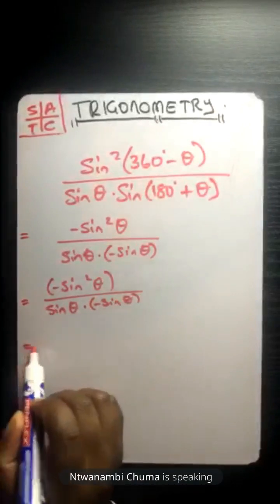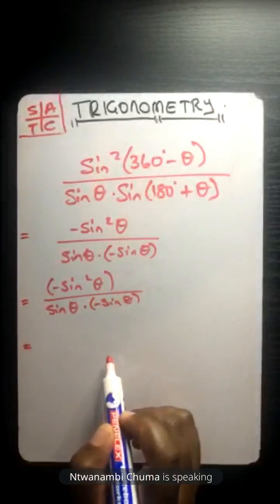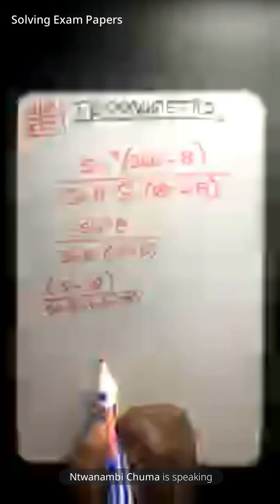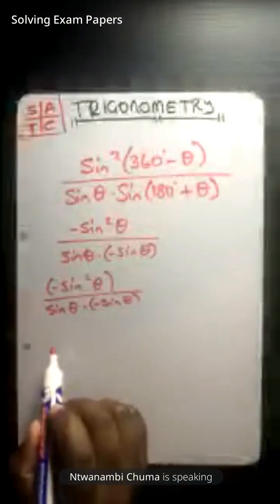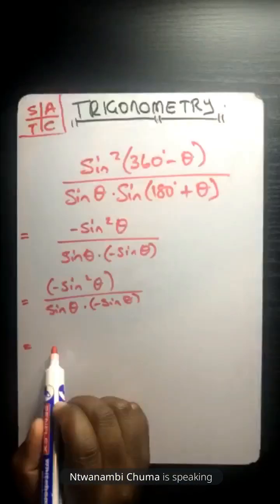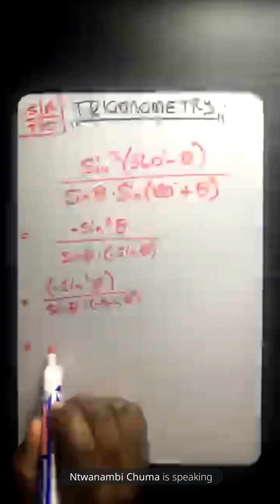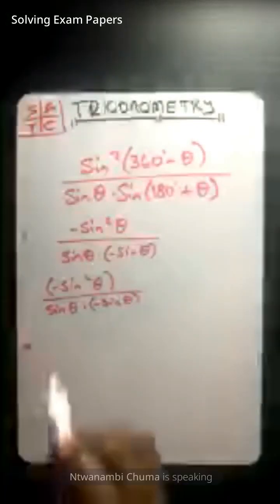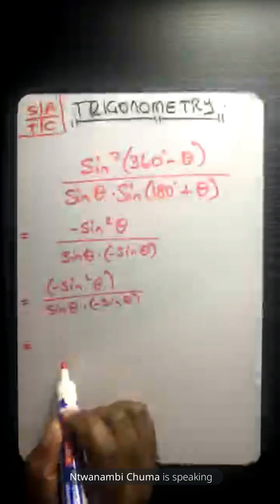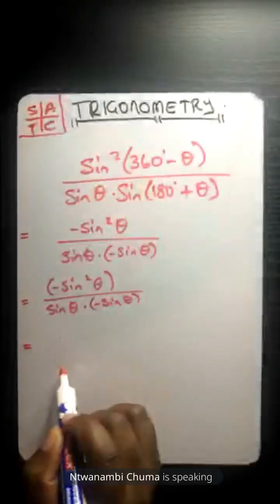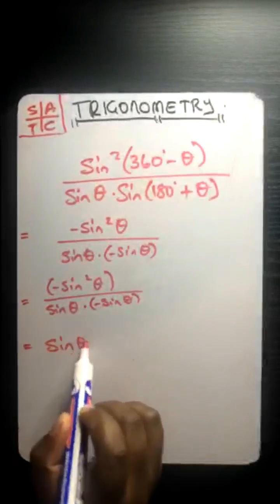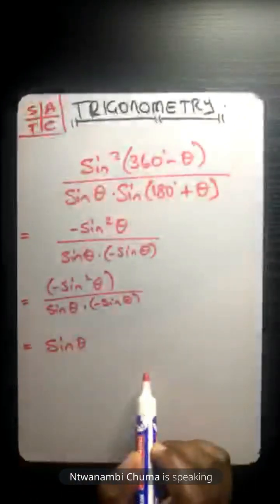And then we cancel negative sine squared theta and negative sine squared theta. Then we are going to have sine theta over sine theta.